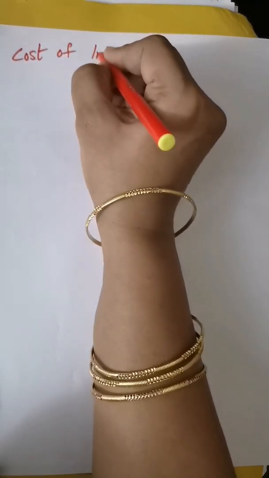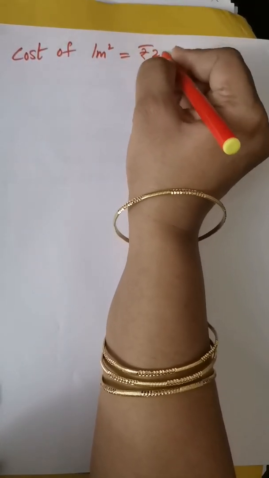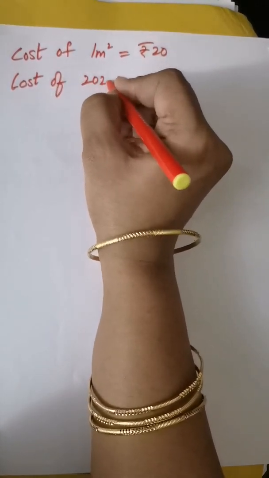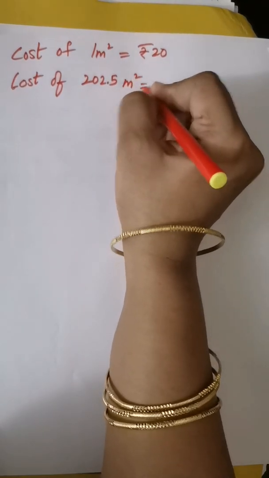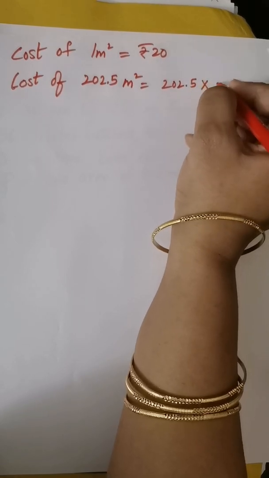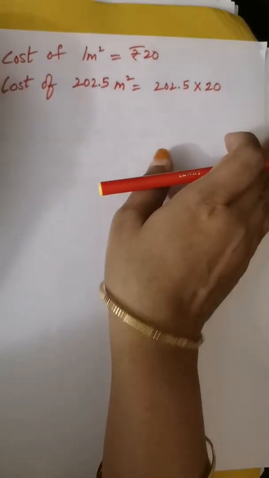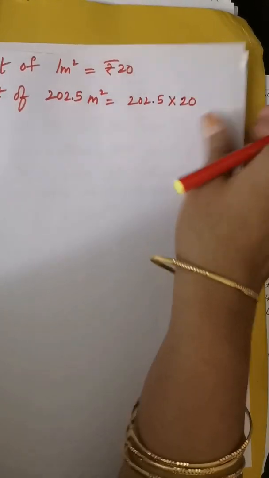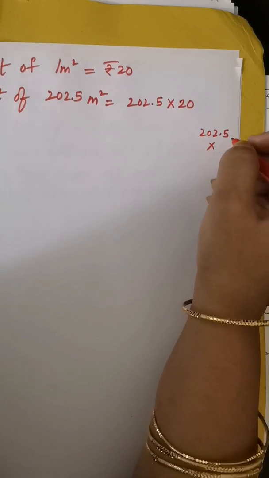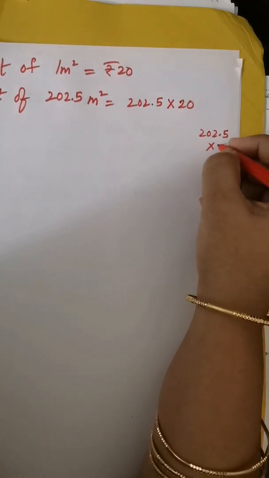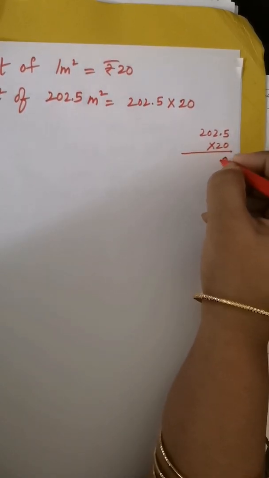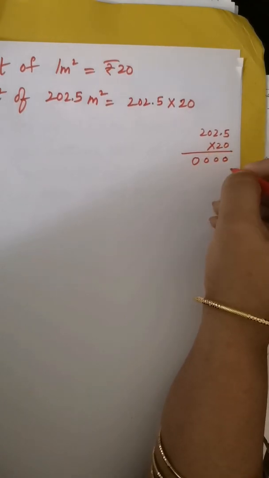Now cost of 1 meter square is equal to rupees 20. Cost of 202.5 meter square is equal to 202.5 into 20. So you can multiply 202.5 into 20. 0, 0, 0, 0.